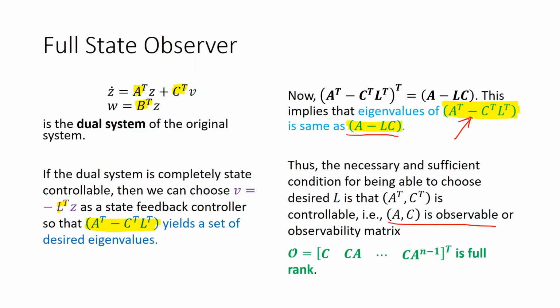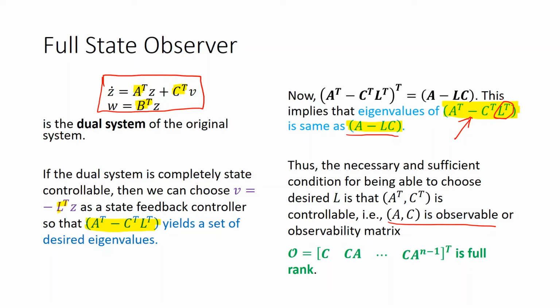Now how to choose this L? How to evaluate this L? That remains the question, right? But it basically does not remain the question. How you choose the gain L is you go to the dual system A transpose, C transpose, B transpose, and then you choose L transpose in the same manner as you have chosen K, by looking at the desired closed loop characteristic polynomial.